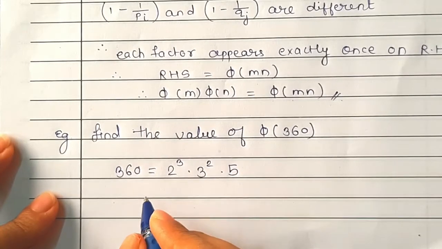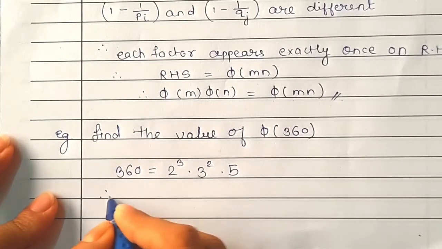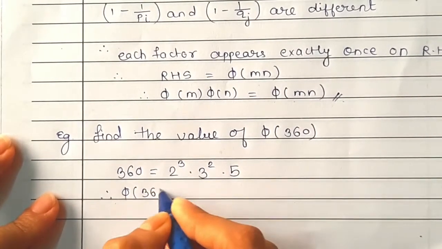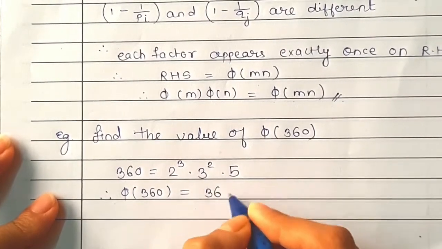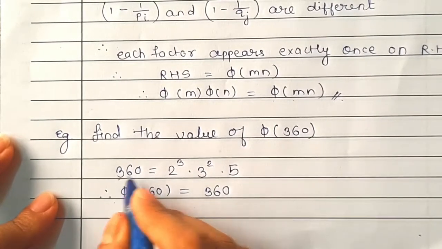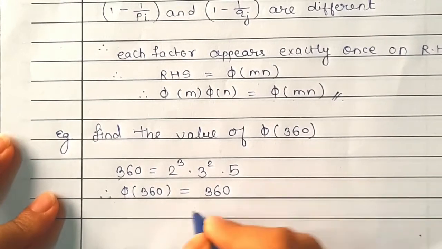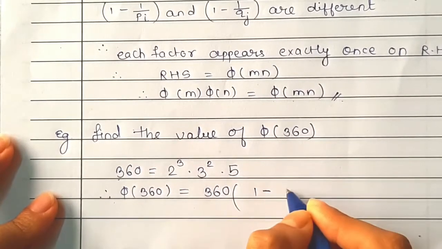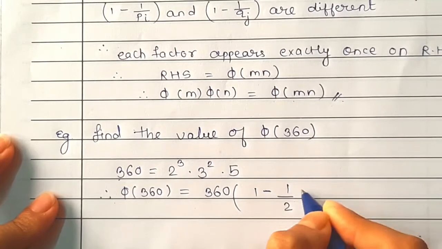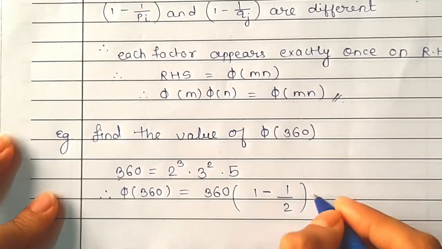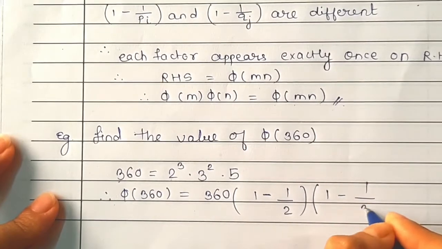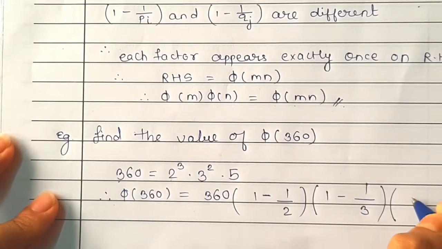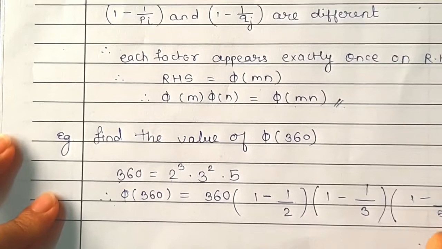Okay, therefore phi of 360 is equal to 360 into 1 minus 1 upon 2, into 1 minus 1 upon 3, into 1 minus 1 upon 5.